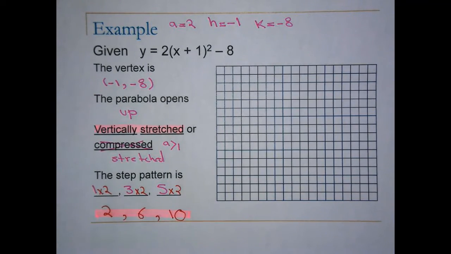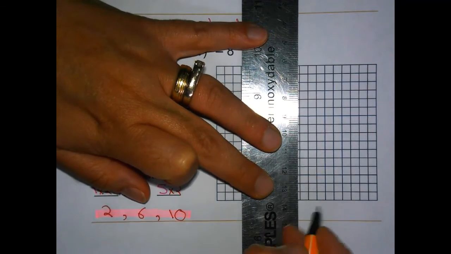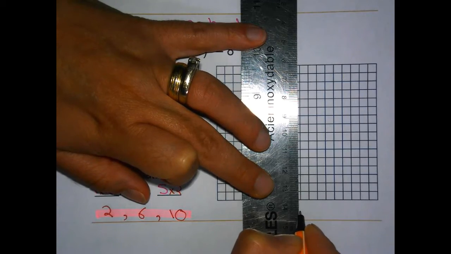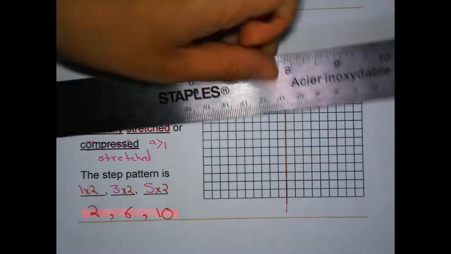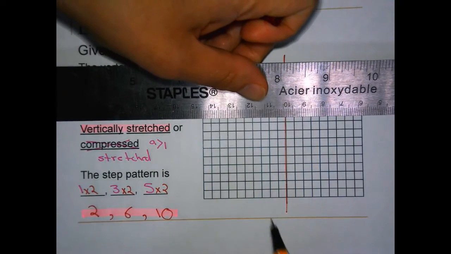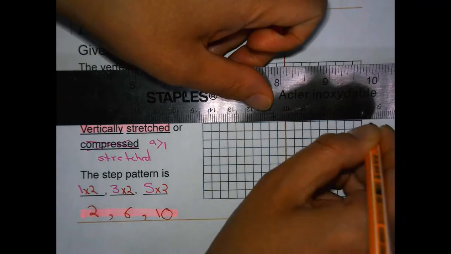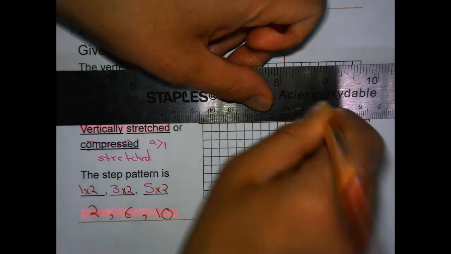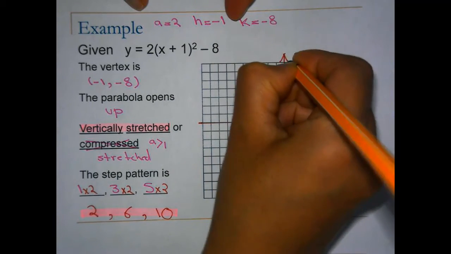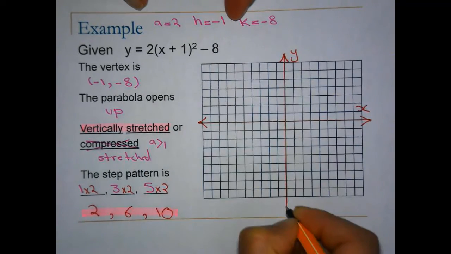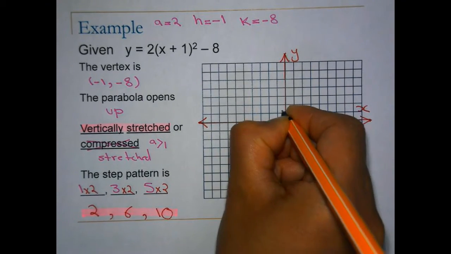So what's going to happen is I am going to put my x-axis a little bit higher, maybe somewhere here, because I want to make sure that I can start from -1 and -8. So please remember, you want to label your axes and you want to put your scale on.